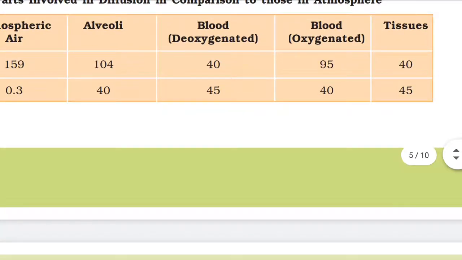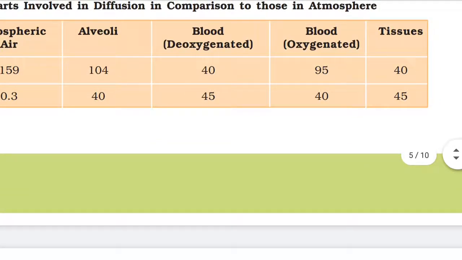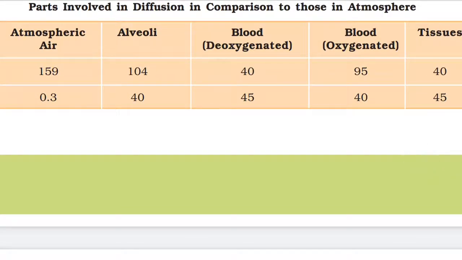In the tissues, you will have 40 partial pressure for oxygen and 45 for carbon dioxide. Inside the tissues, carbon dioxide will always be more because the tissues keep on using the oxygen and create the byproduct carbon dioxide. The same values, 40 and 45, hold for deoxygenated blood. Tissues and deoxygenated blood have the same values.